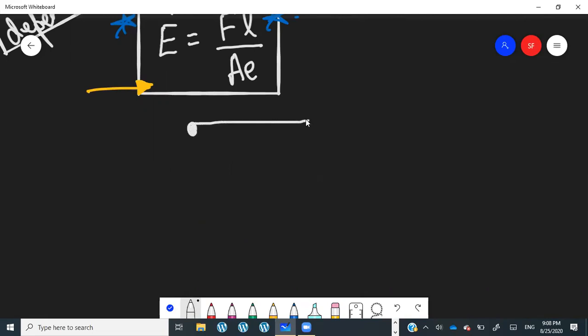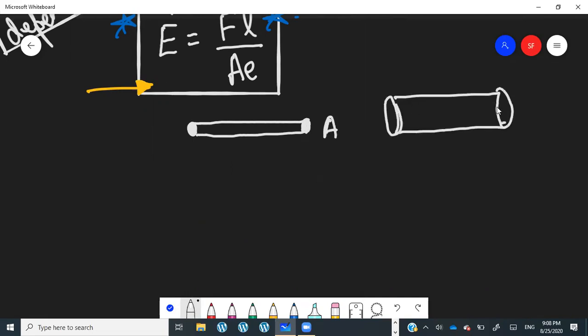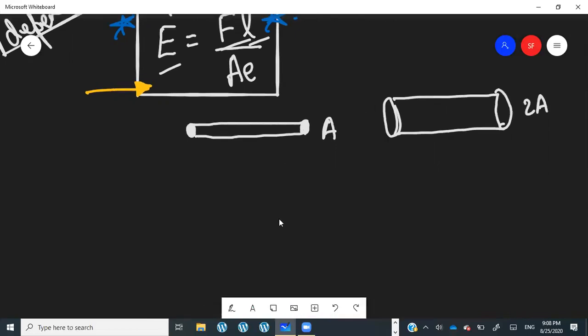Let me give you an example over here. If you have a wire of cross-sectional area A, and another wire of cross-sectional area 2A, given that the length is constant, force is constant, and the Young's modulus is constant, and I ask you to calculate the extension when the same force is applied.